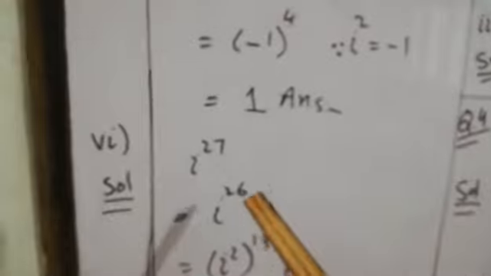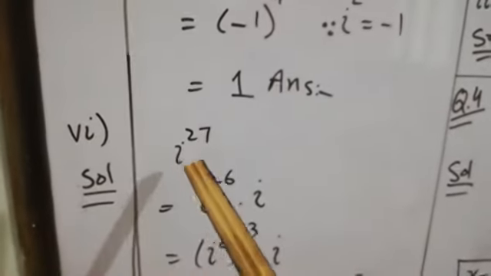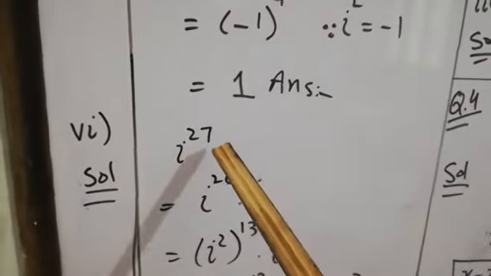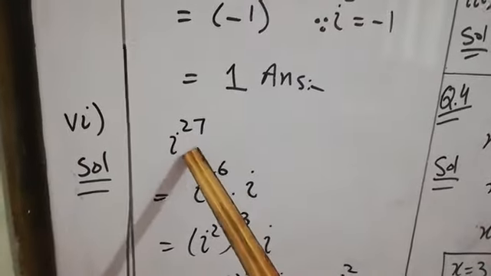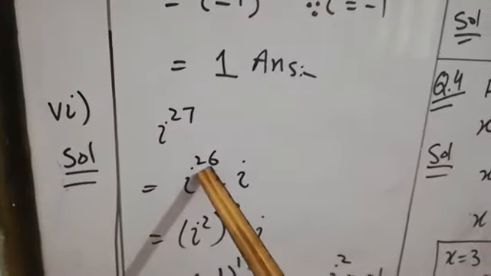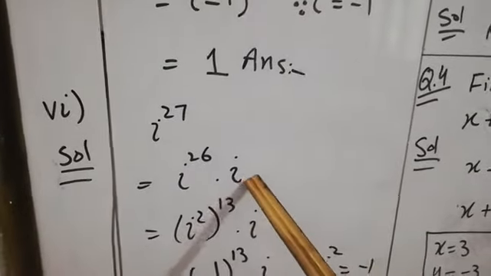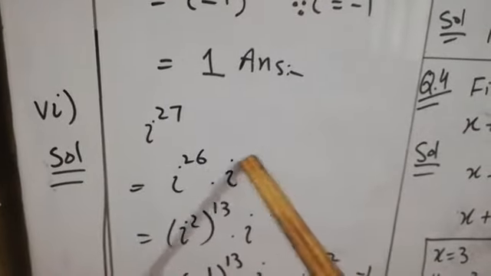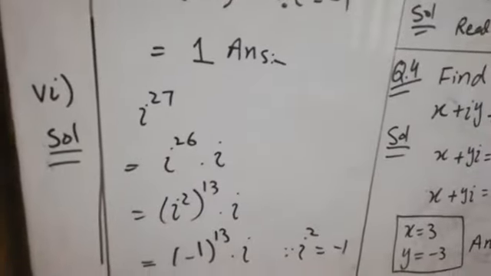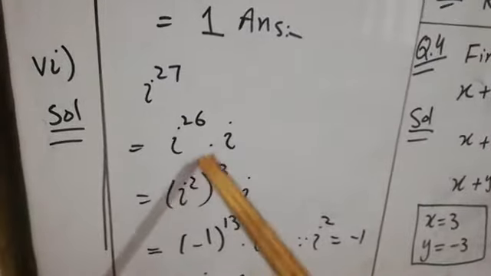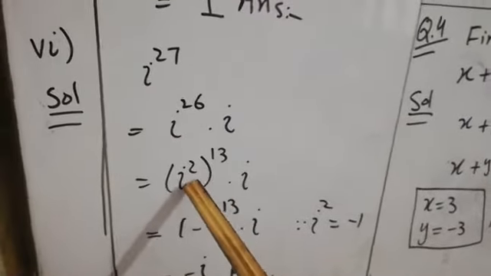Now, my dear student, we have part number 6, which is iota 27. First of all, we will break this value in the form of multiples of 2. You know that iota 26 into iota, 26 plus 1 is equal to 27. So this is iota 26 into iota, and we will change iota 26 in the form of multiples of 2.